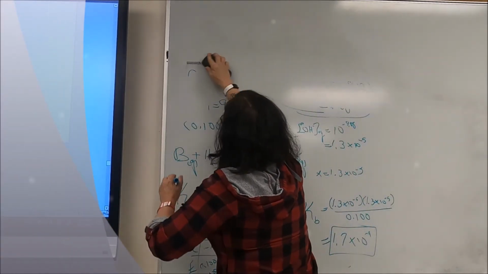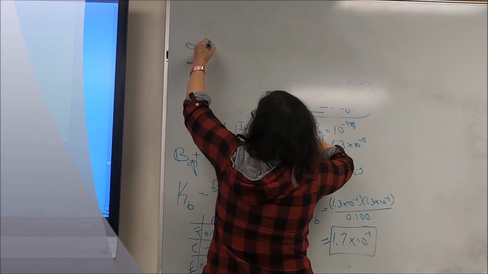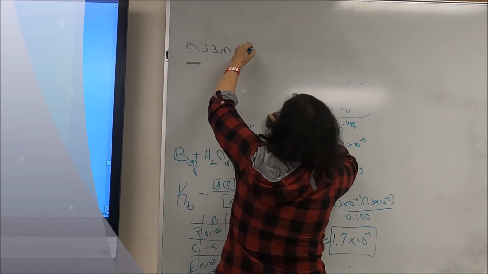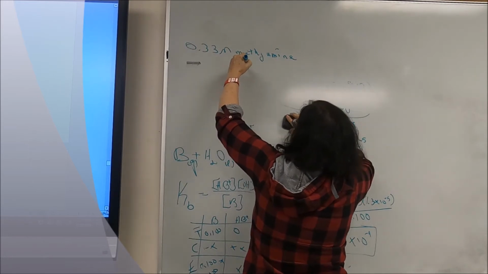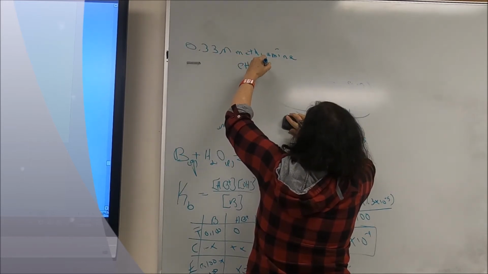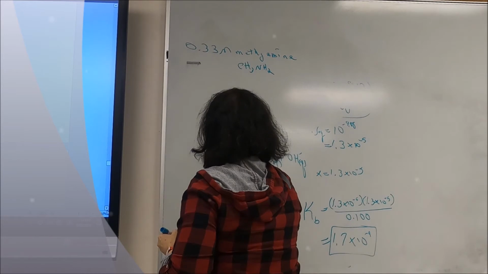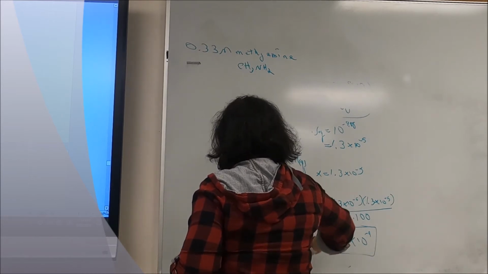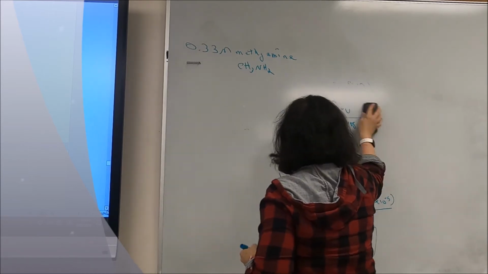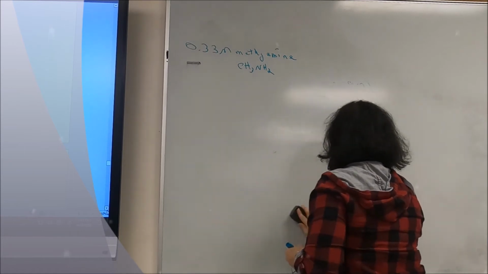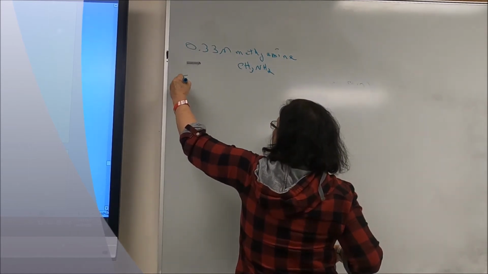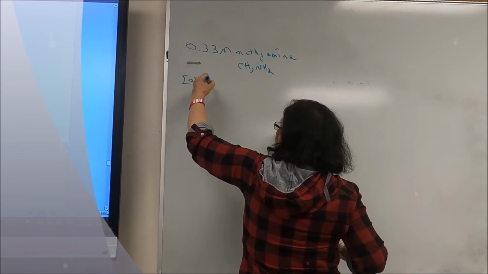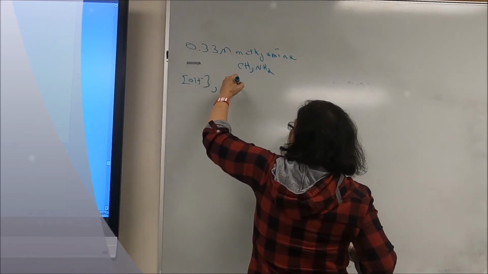So we're given 0.33 molar methylamine. That's CH3NH2. But if you didn't know what methylamine was and I didn't give it to you, you could just use B, go generic. Okay, we want to know hydroxide ion concentration and pH.